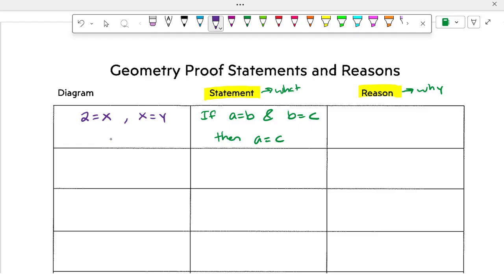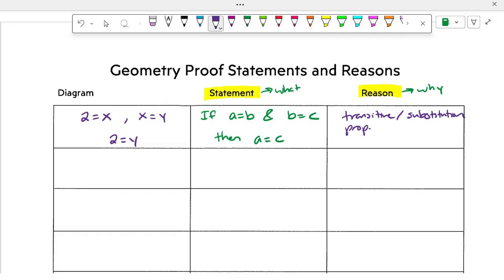So is it not true that 2 is equal to y? So if we know that 2 is equal to x, and we also know that x is equal to y, is 2 not also equal to y? Is that true? Yes. So we know that x is equal to 2, and we know x is equal to y. So by logic, y has to be equal to 2. All right. This is what we call the transitive or substitution property.